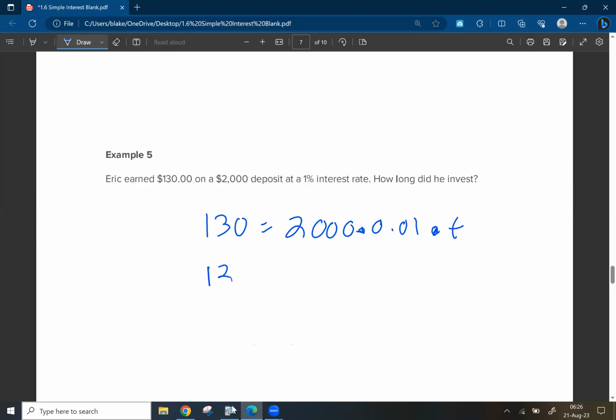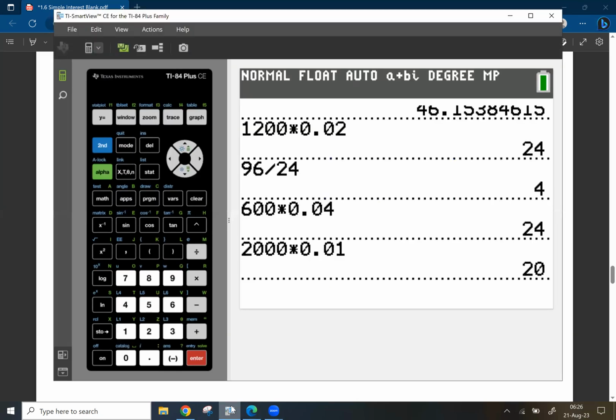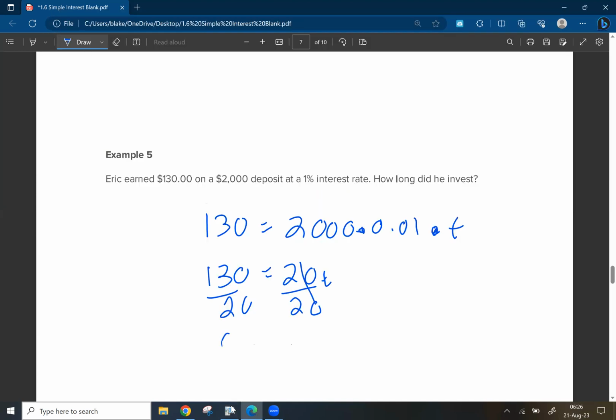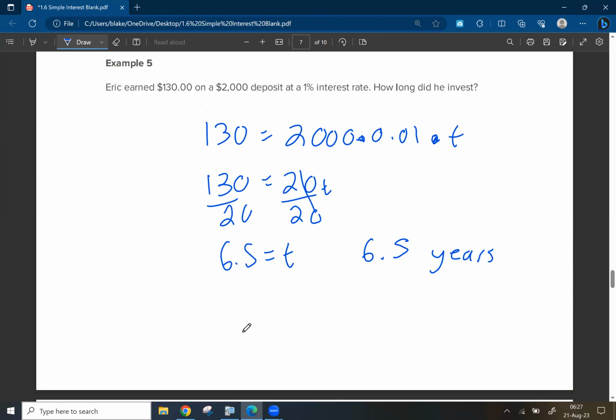So we have 130 equal to 20T. Divide both sides by 20. I think this is going to be 6.5, but let's check it. 6.5. So 6.5 equals T. So 6.5 years for our solution there. All right. So we'll wrap it up at that one.